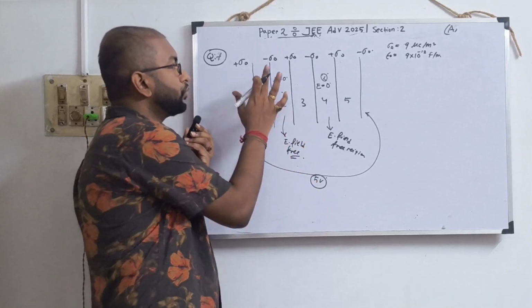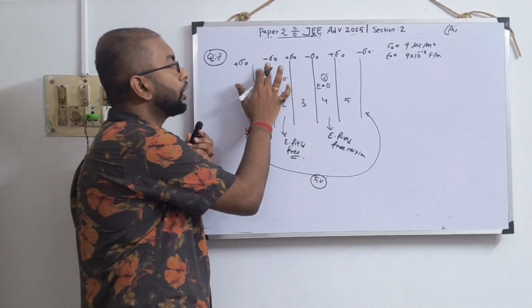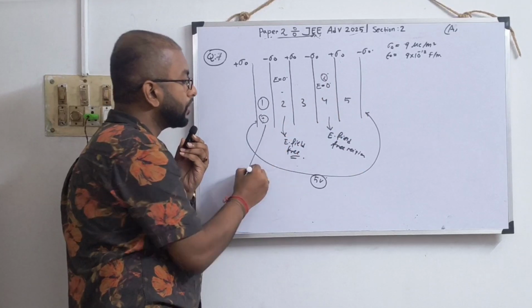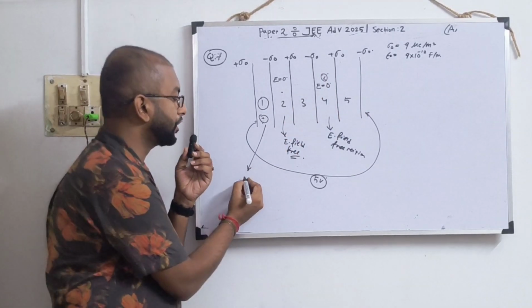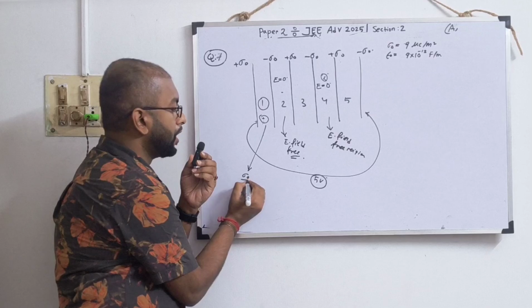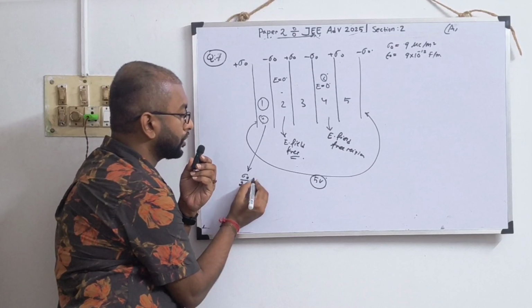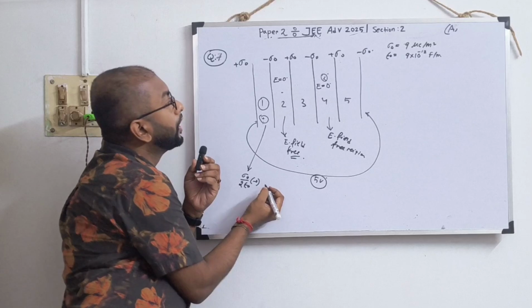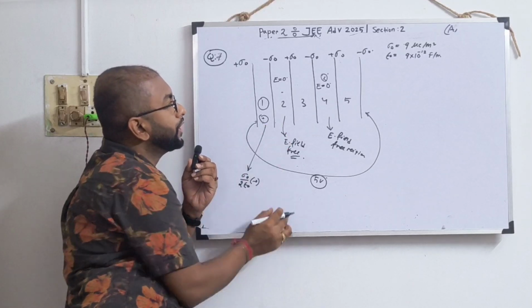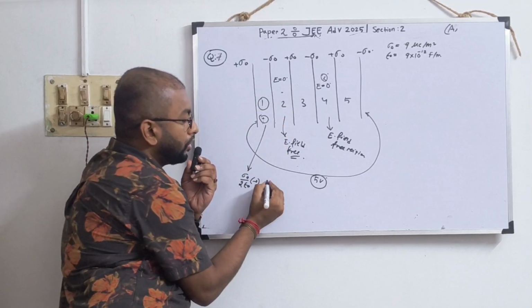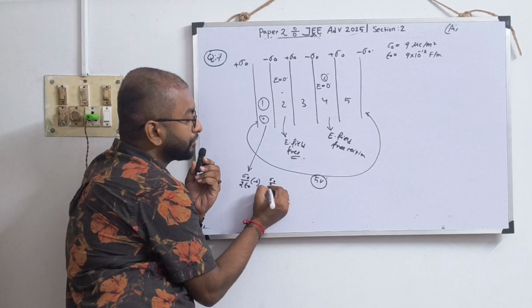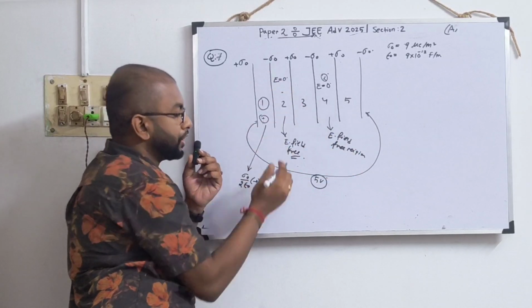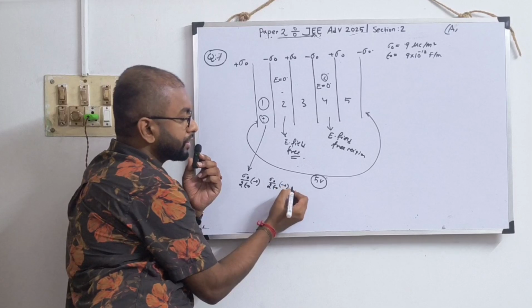Electric field in region 1 will be due to all of these plates 1, 2, 3, 4, 5, 6. So due to the first plate, the electric field will be sigma naught by 2 epsilon naught towards right, because electric field is a vector quantity. Due to plate 2, the electric field will be also sigma naught by 2 epsilon naught, but that is also towards right because it is negative charge towards right.